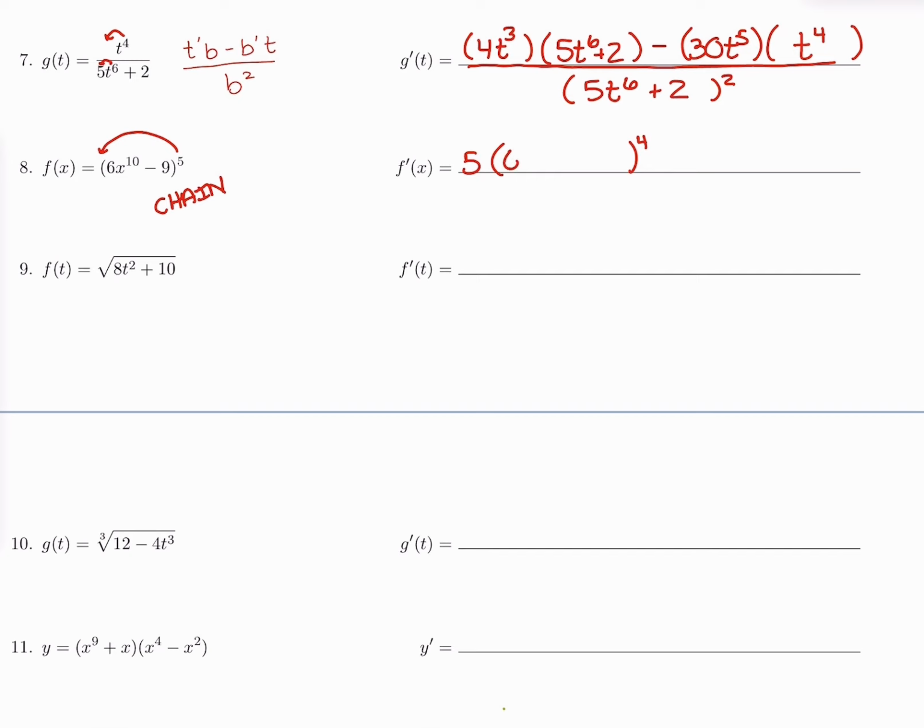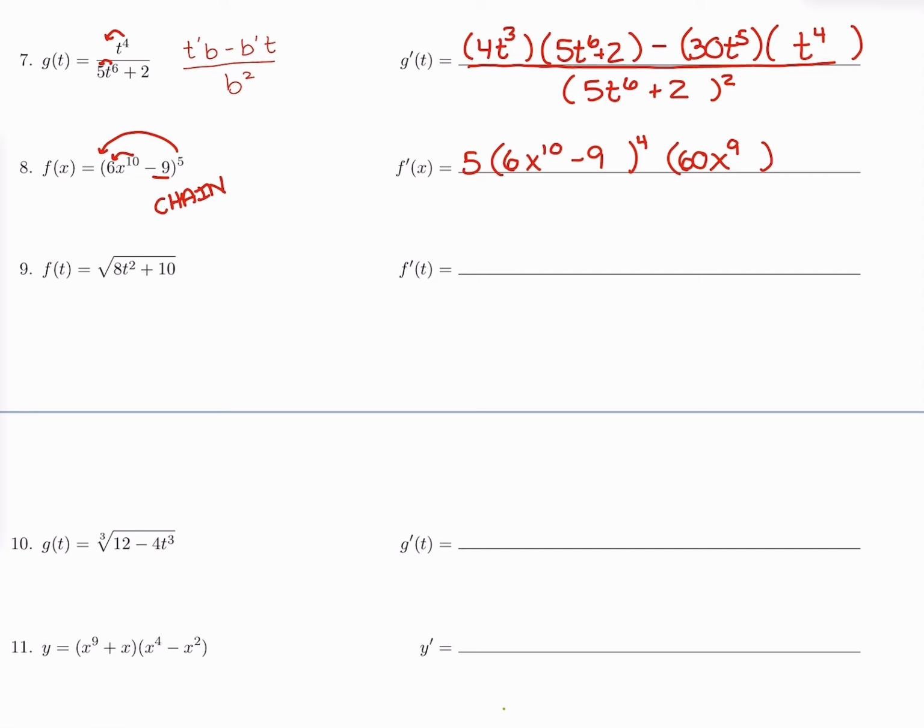The original stays on the inside, 6x to the 10th minus 9. And now we get to do our work here. We're going to take the derivative of the inside. I like to just put it in parentheses, in case it's more than one term. It does need parentheses if it is more than one term. So the derivative of the inside piece, 6x to the 10, will give us 60x to the 9th, and the derivative of negative 9 is 0.